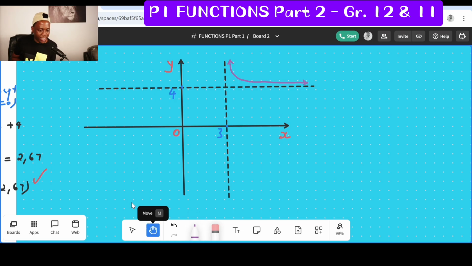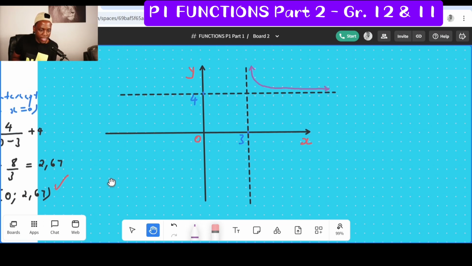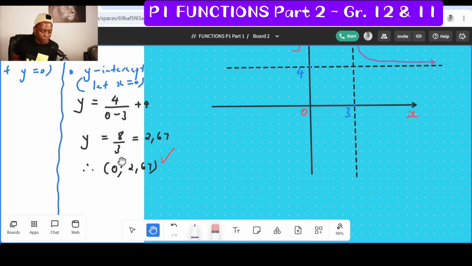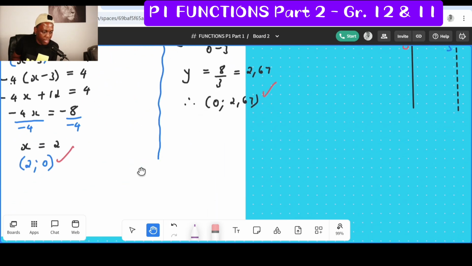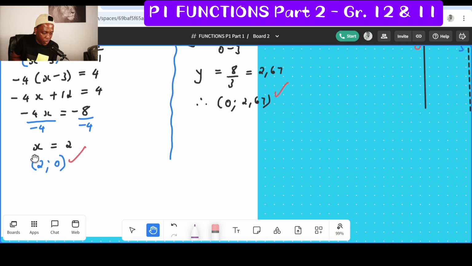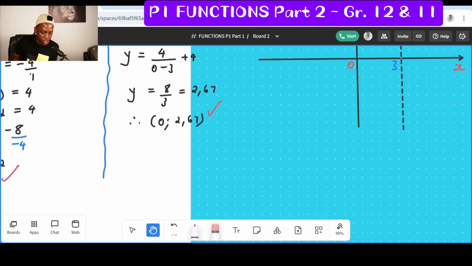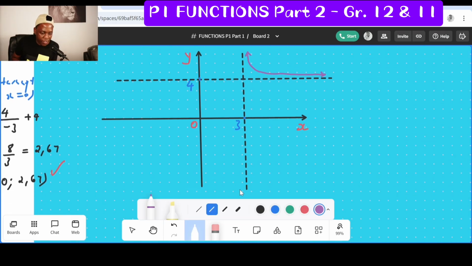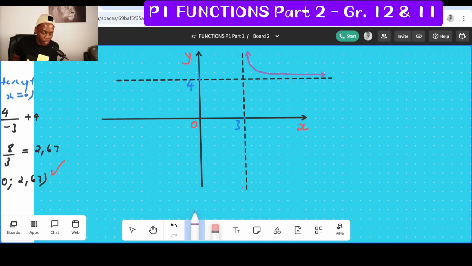But let's see where it's supposed to touch on the axis here. It's supposed to touch on (0; 2,67). In other words, the y value is a positive number, 2,67. And also the x value is going to be a positive number, which is 2. So I'm just going to draw it accordingly, making sure it's appearing in the third quad of the asymptotes. Right here.